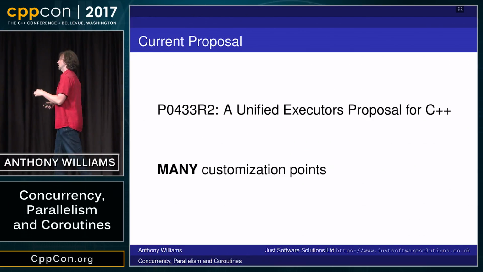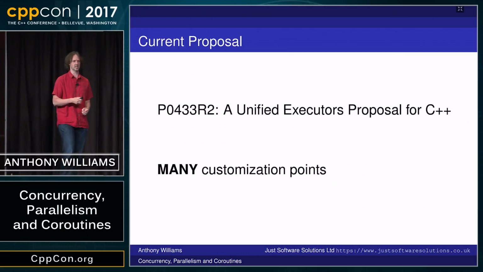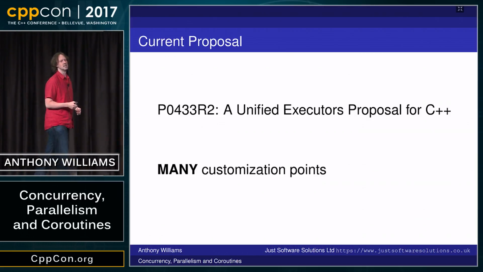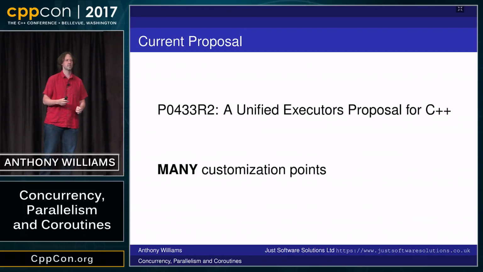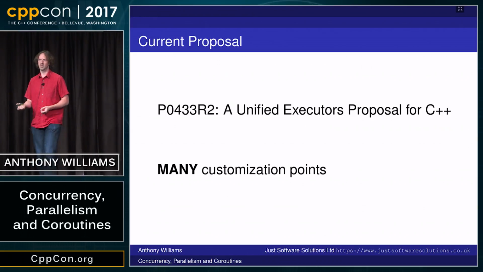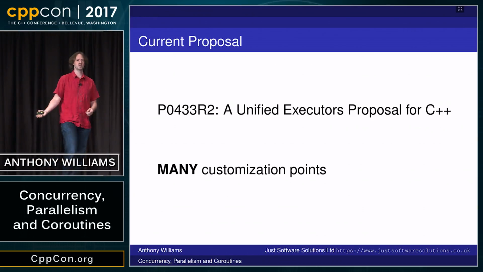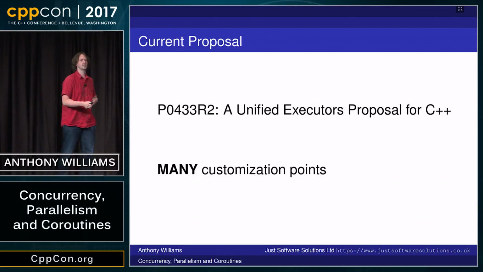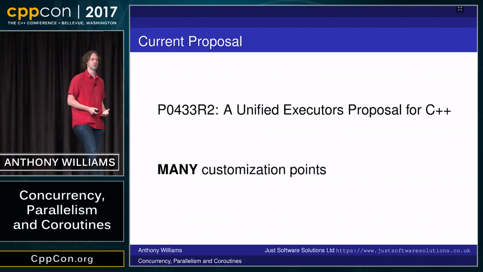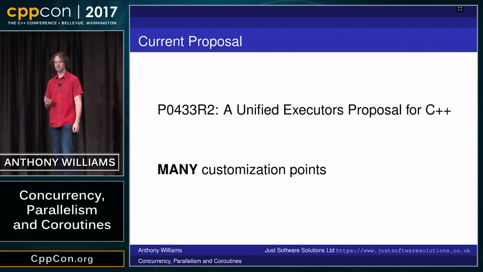There have been, I think I counted, something like 23 papers on this topic over the last few years from the C++ committee, of which the latest is P0443R2. That's the second revision, and therefore the third paper with this number, of a unified executors proposal for C++, which provides us with many customization points in order to allow as many possible answers to the previous questions.